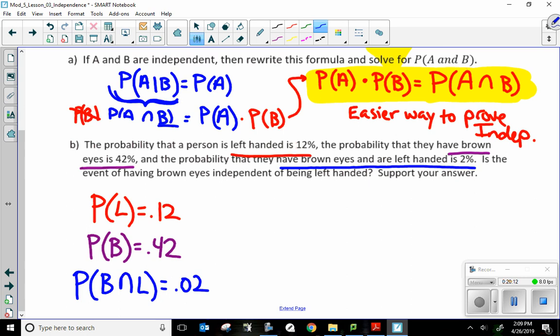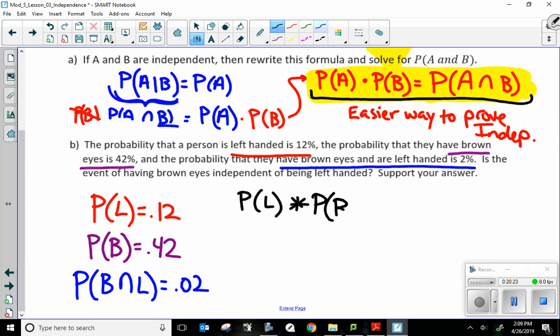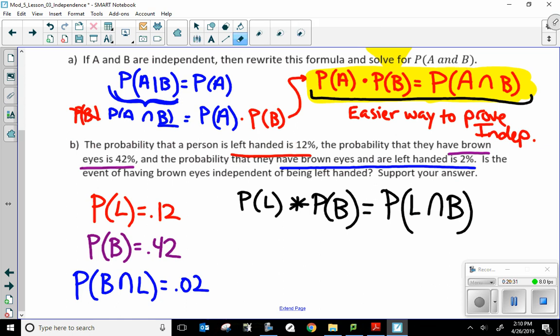So let's see if these things are equal based on our equation here. If the probability of left-handed times the probability of brown eyes equals the probability of left-handed and brown eyes. I don't think it matters which letter I put first, but to stay consistent with what I've written here, I'll rearrange them.